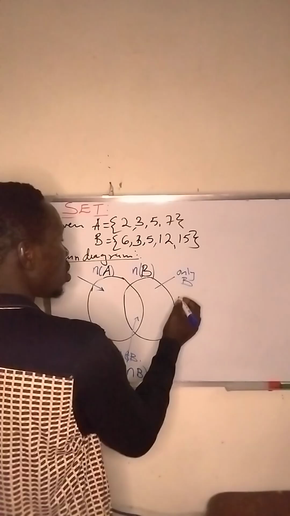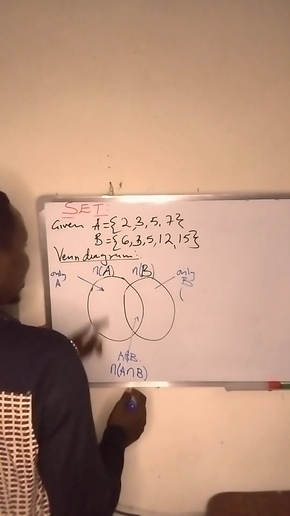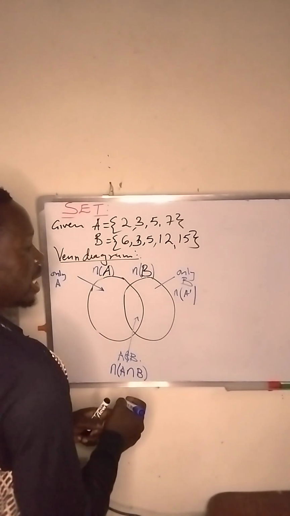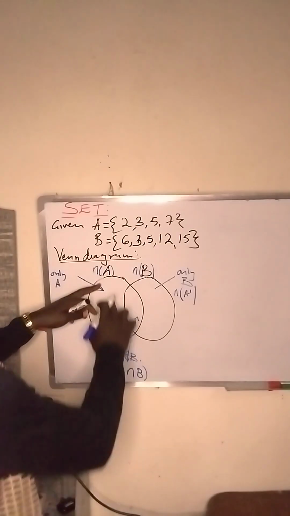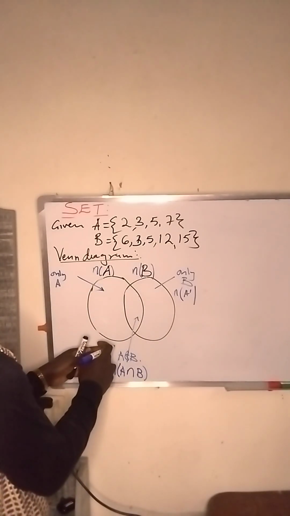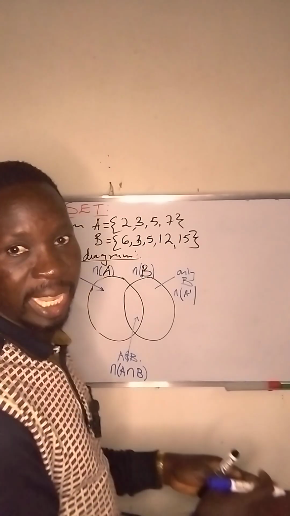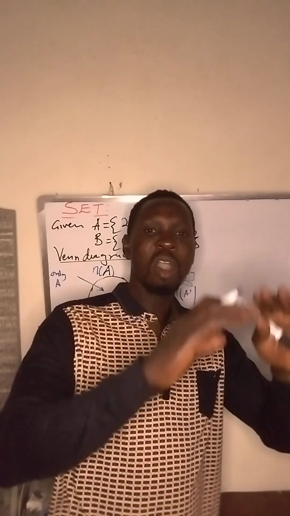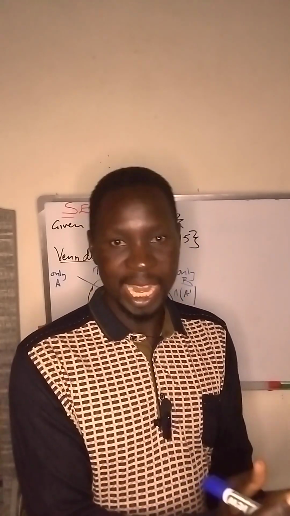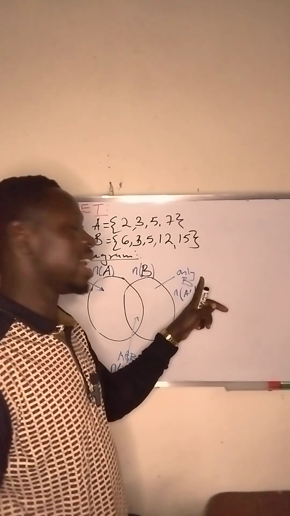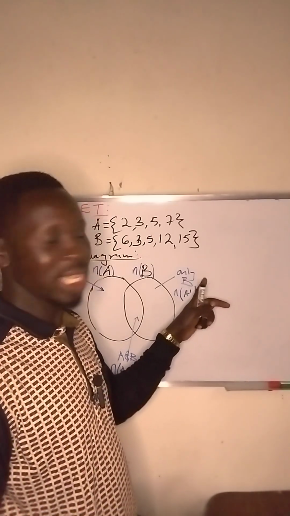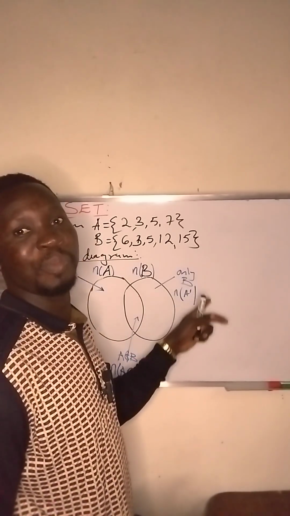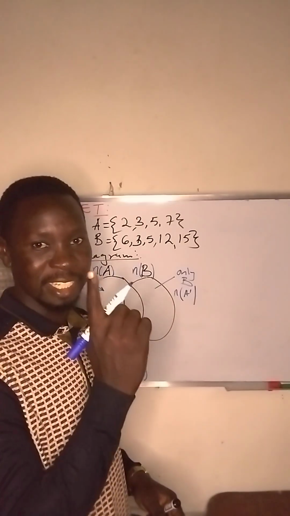It means all members here are the number of A complement. Are you together? When you remove all the members of A, the balance is only those members of B. It means the number of A complement is equal to the number of B only. Are we together? That is very sensitive.